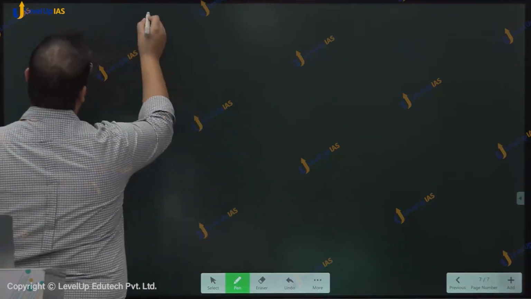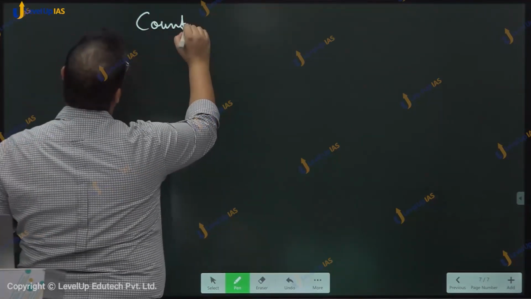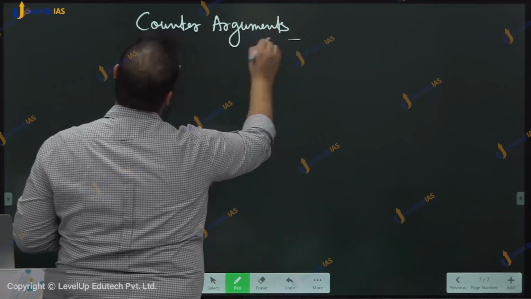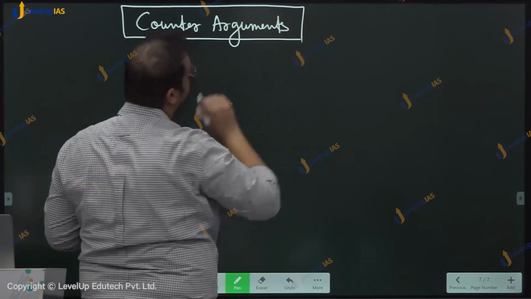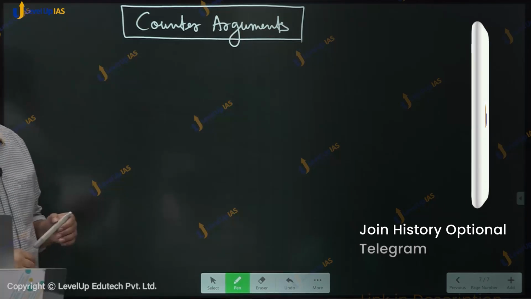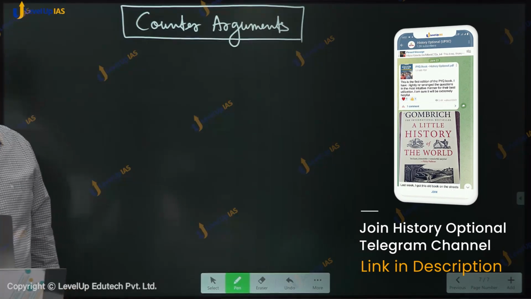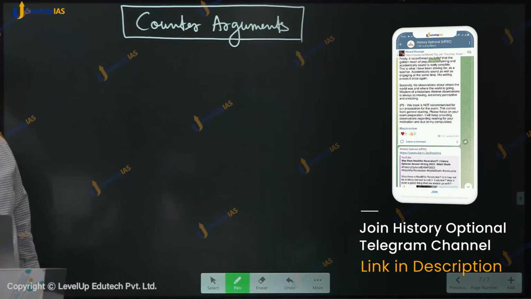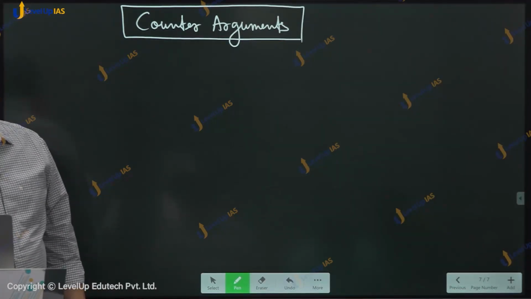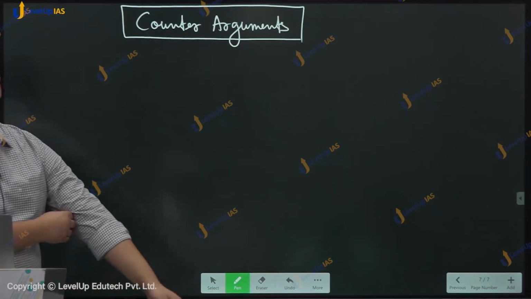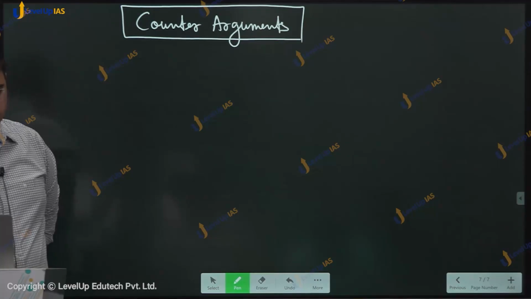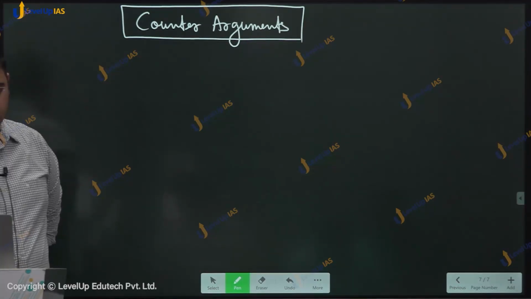Now, counter arguments. देखो, the theory of urban decay can be challenged on the basis of several grounds.